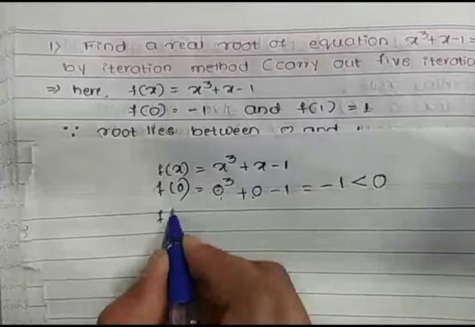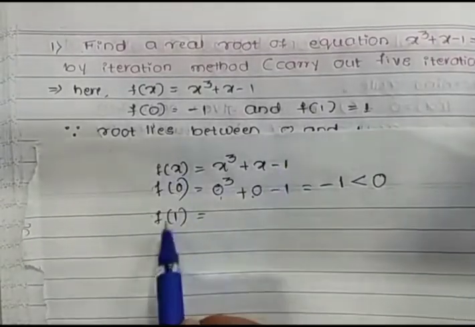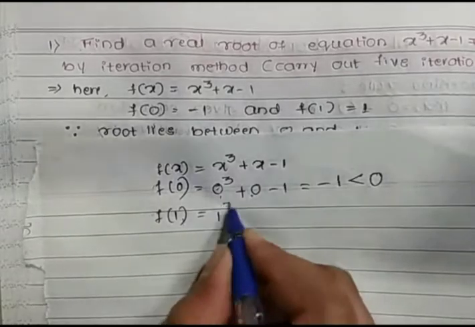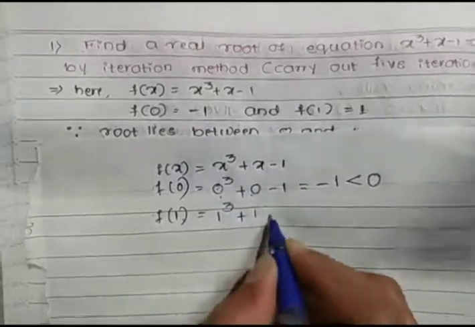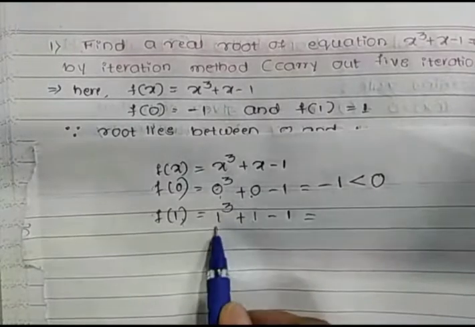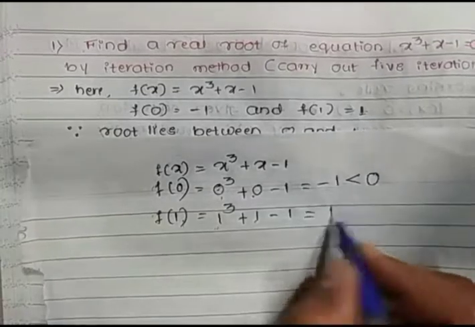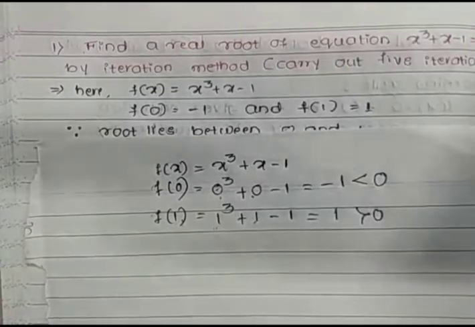Then next, f(1). Now replace x using 1: 1^3 + 1 - 1. 1 raised to 3 is 1, 1 plus 1 is 2, 2 minus 1 is 1. So this is greater than 0.